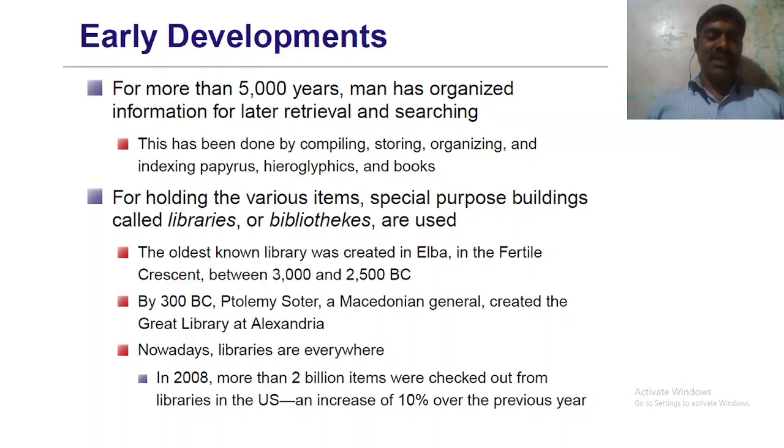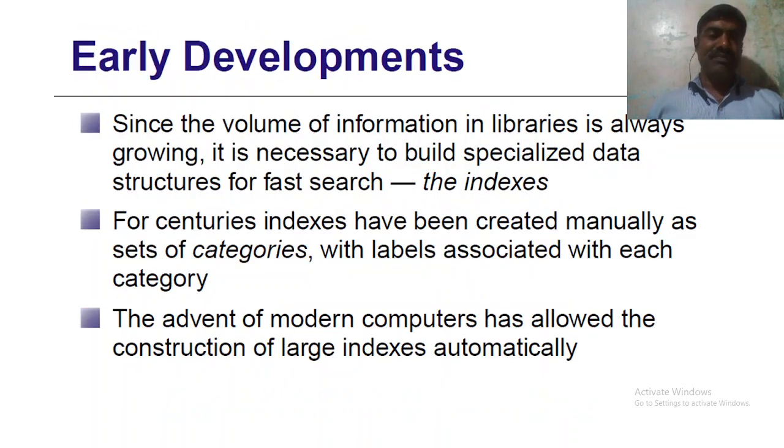Nowadays, libraries are everywhere. In 2008, more than 2 billion items were checked out from libraries in the US, an increase of 10% over the previous year. Since the volume of information in libraries is always growing, it is necessary to build specialized data structures for fast search, the indexes.